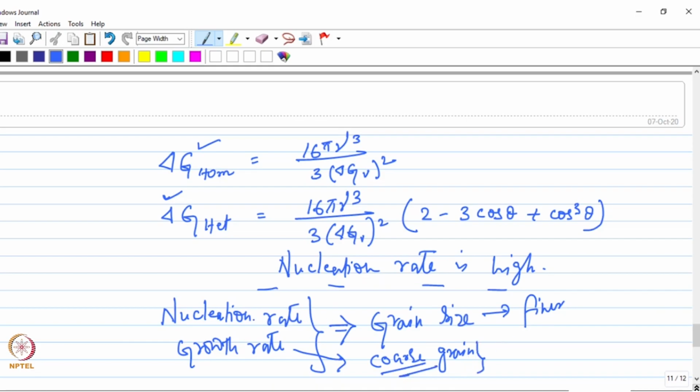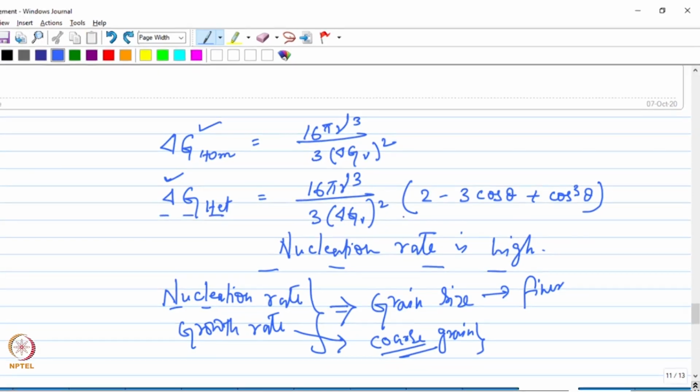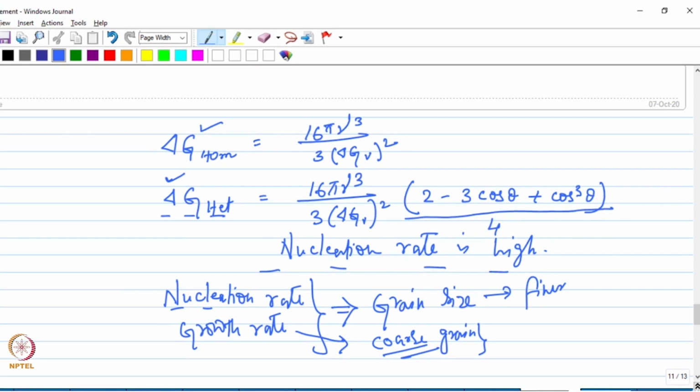So for a high nucleation rate, you also need to form more number of nuclei in a given time, right? So therefore, you need heterogeneous nucleation sites or preferential sites for the nucleus to form, right? So that's why heterogeneous nucleation will give you a finer grain size. On the other hand, if it is only through homogeneous nucleation, you may or may not get a fine grained material at the end of the solidification process.